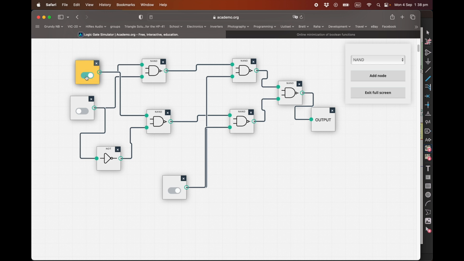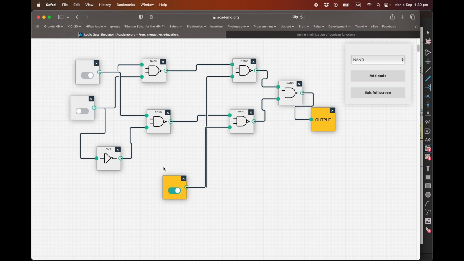If we go through our logic table again: 0, 0, 0, output 0. 0, 0, 1, outputs 1. 0, 1, 0, output 0. 0, 1, 1, again it seems we're following this value, isn't it?